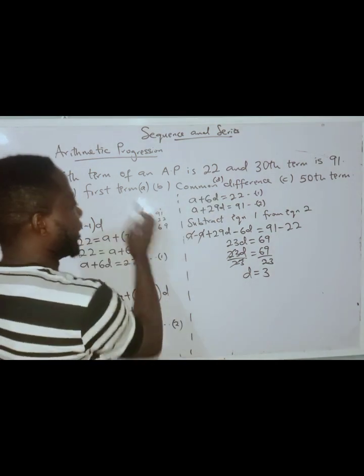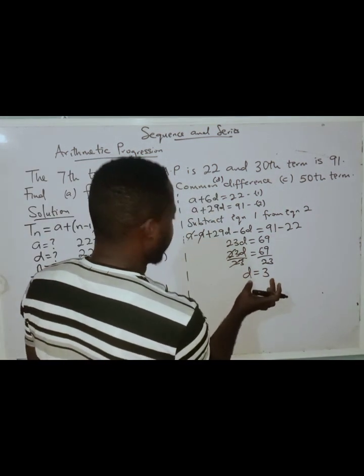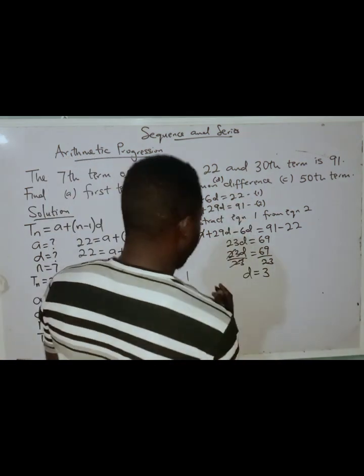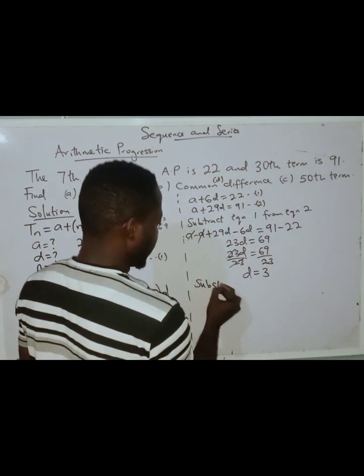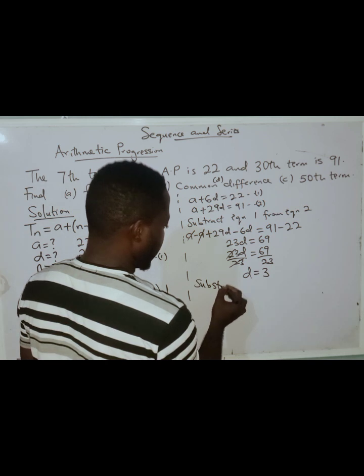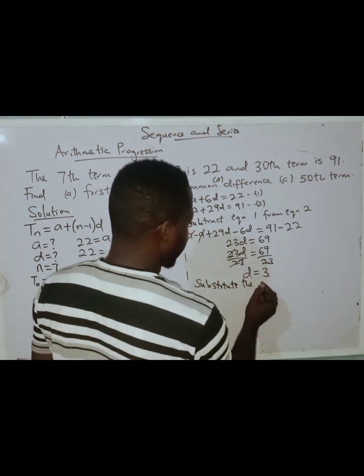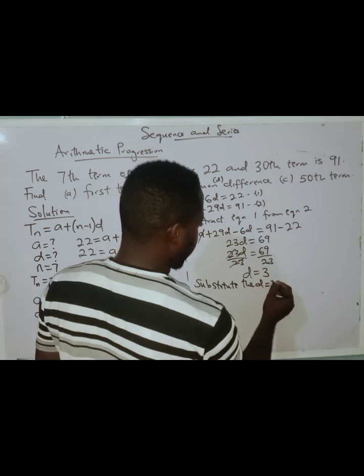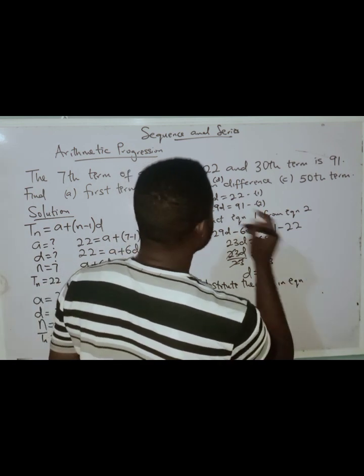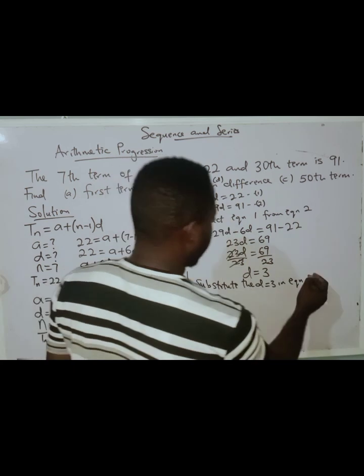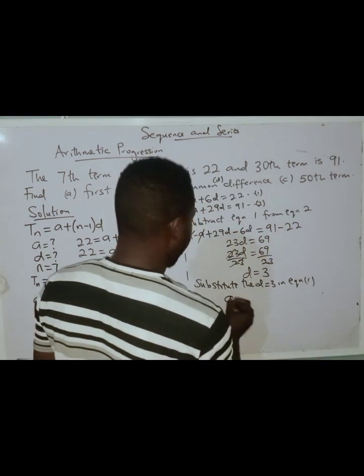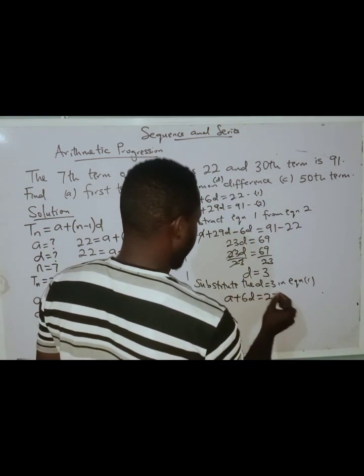Now, to get my A, I'm going to substitute the value of d in any of the equations. So I can say substitute d equals 3 in, let me pick one, equation 1. So I'm going to have A plus 6d equals 22.